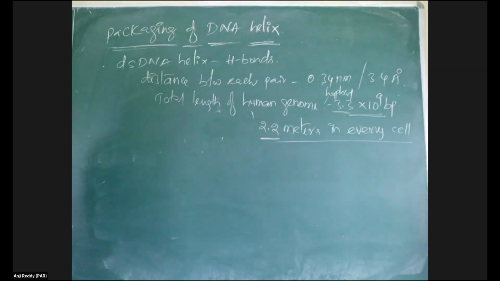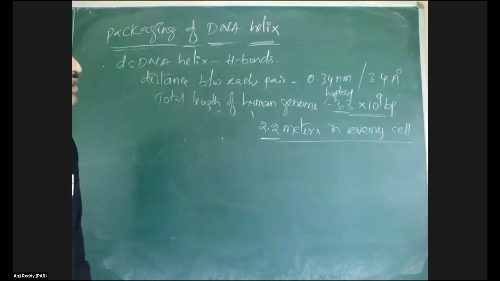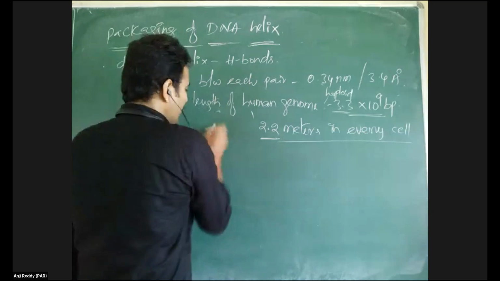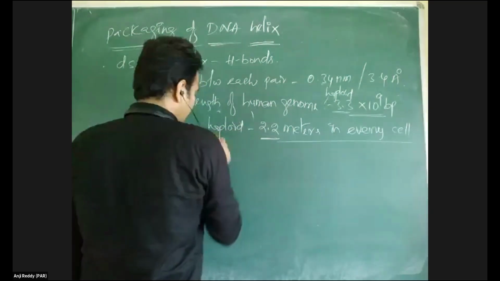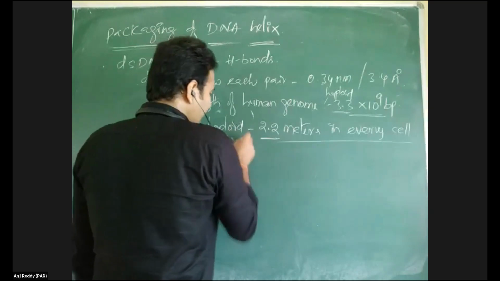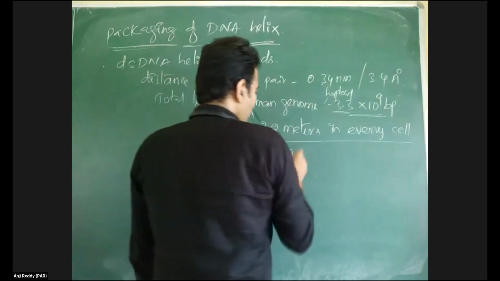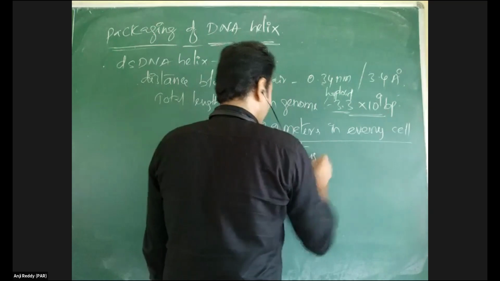Suppose we take diploid DNA, that will be 6.6 into 10 power 9 base pairs. So, haploid DNA length is 2.2 meters and diploid DNA length is 4.4 meters in every cell.